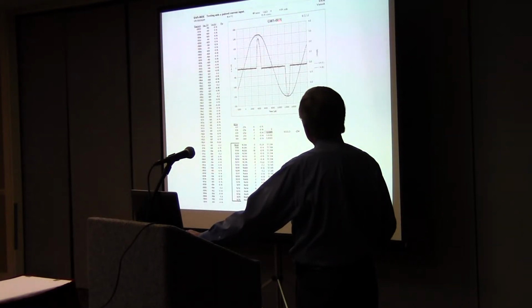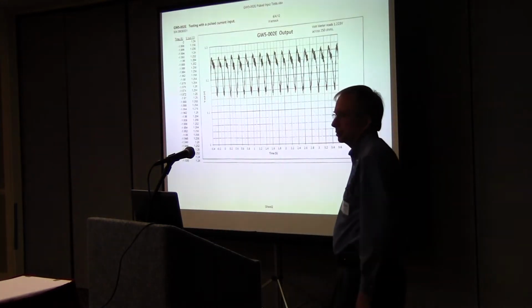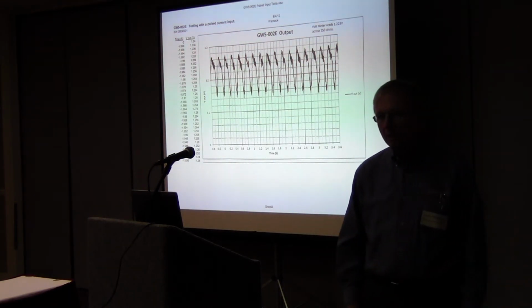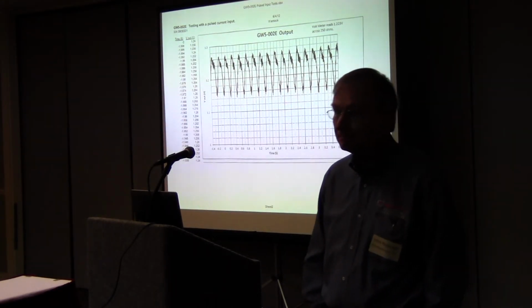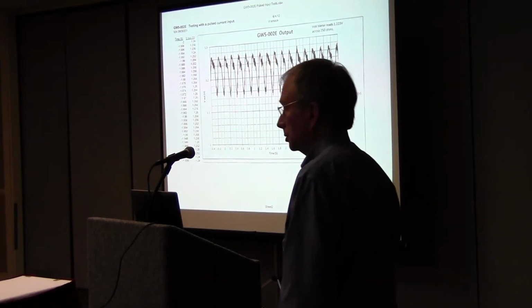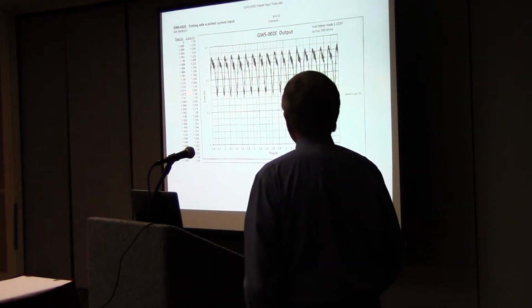Here's our GW5, which is the pulse height, pulse width calculation, same peaky pulse. There's the ripple, there's the beat frequency that our customer was unhappy about. And I can understand why. A lot of variation.